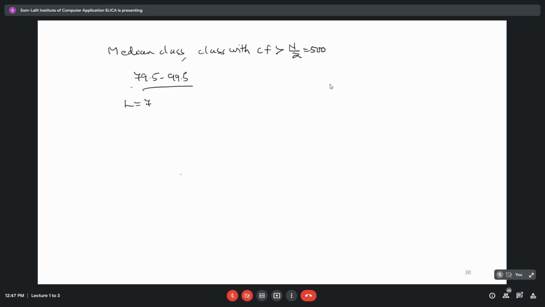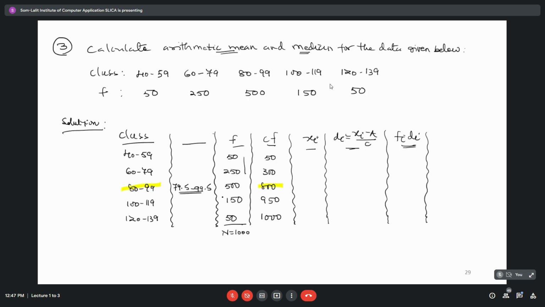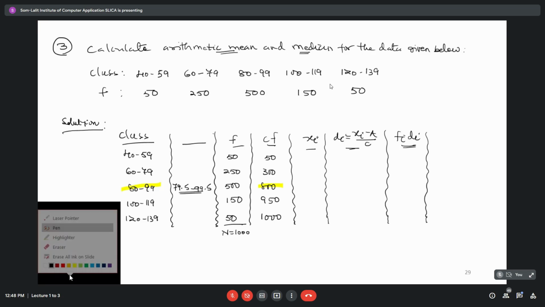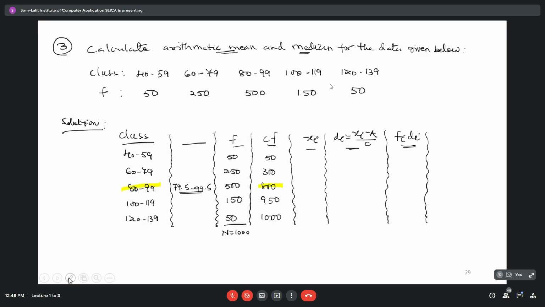So you have the lower limit, which is 79.5, and PCF, the previous cumulative frequency, which is 300. Then the frequency of this class is 500. So your frequency is 500.